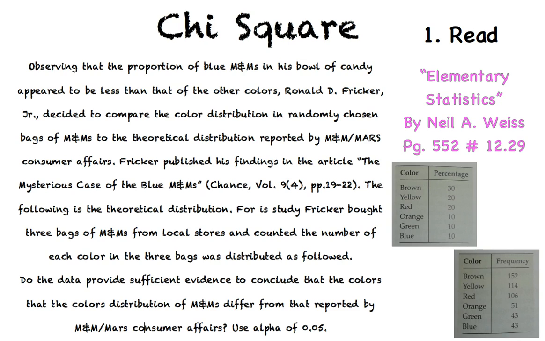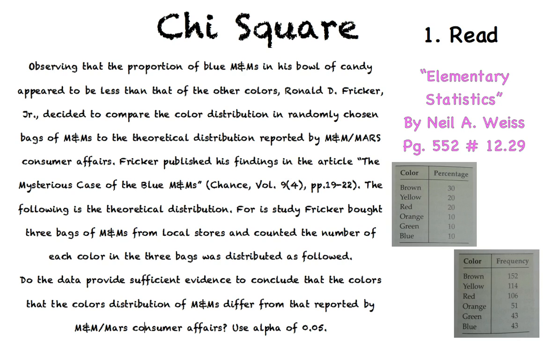Observing that the proportion of blue M&Ms in his bowl of candy appeared to be less than that of the other colors, Ronald D. Fricker, Jr., decided to compare the color distribution in randomly chosen bags of M&Ms to the theoretical distribution reported by M&M Mars Consumer Affairs. Fricker published his findings in the article, The Mysterious Case of the Blue M&Ms, Chance, Volume 9-4, pp. 19-22.